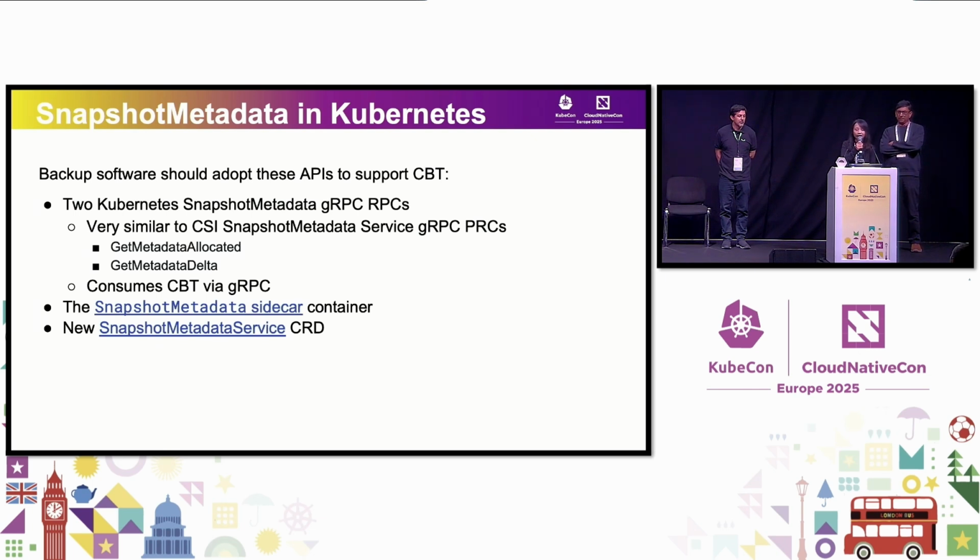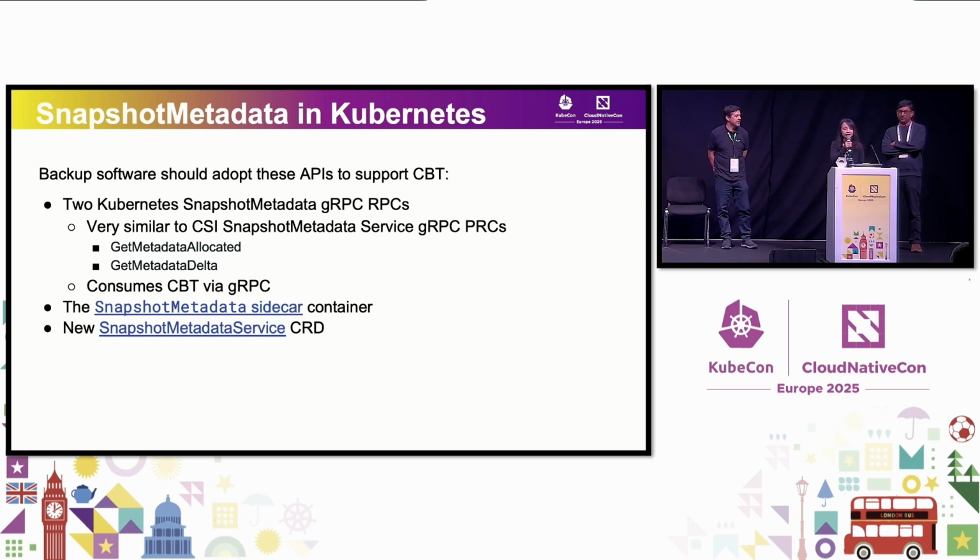We did it this way to avoid overloading the Kubernetes API server. In the worst case scenario, where every block is changed, we could potentially get 5 gigabytes of metadata per 1 terabyte of volume data. That would definitely overwhelm the Kubernetes API server if we chose to use a custom resource to store the metadata.